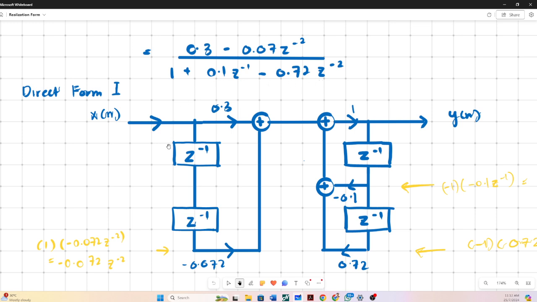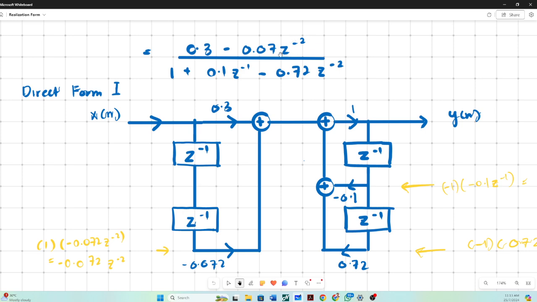To draw the input side X, we only focus on the top, the numerator. The 0.3 has no delay, so it represents the first line stage here with amplitude 0.3, right? And then next it will be minus 0.07 and the delay is minus 2.